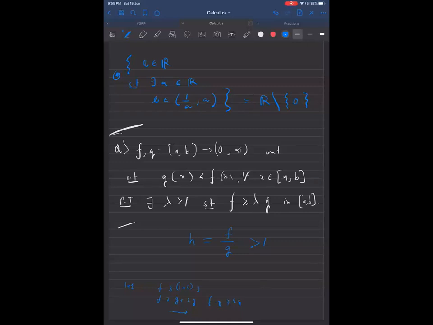So it should attain a minimum value in that interval somewhere. Definitely, there exists a lambda so that h of x is greater than or equal to lambda for all x in [a,b]. And this lambda will obviously be greater than 1, and I guess we are done then.